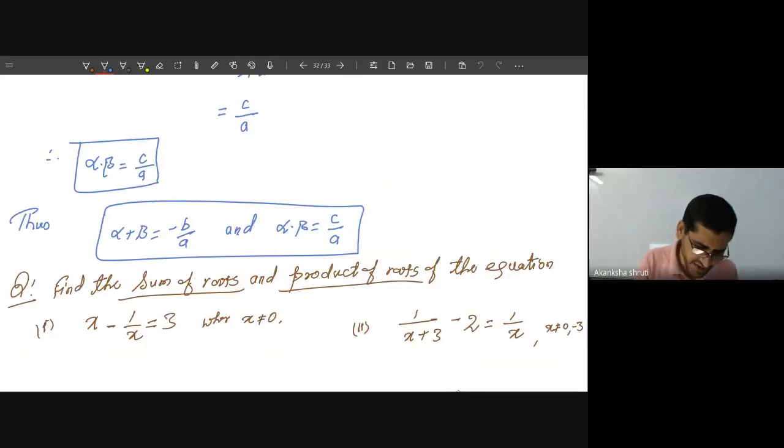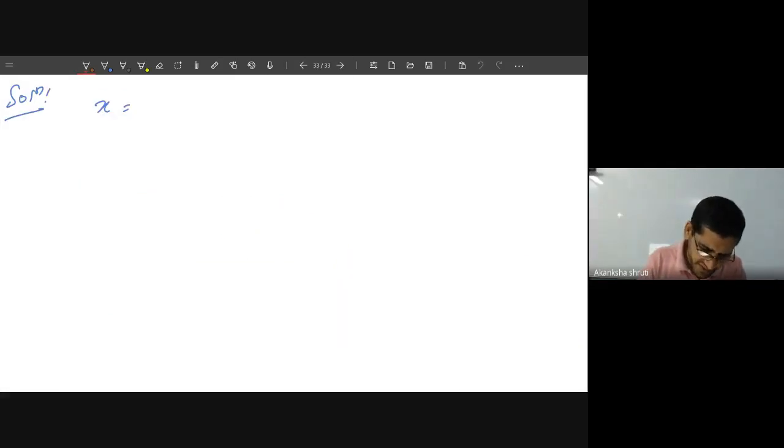Let me take this as a plus sign, student. It is a plus sign here. Student, please mind it so that we can understand the concept of calculating the roots, then adding. Many students are thinking in that way, so which one is convenient? To illustrate that, I have taken such an equation. So x plus 1 by x is equal to 3.